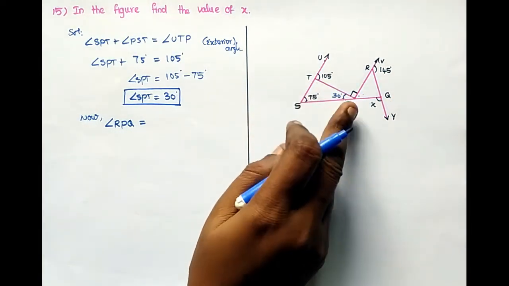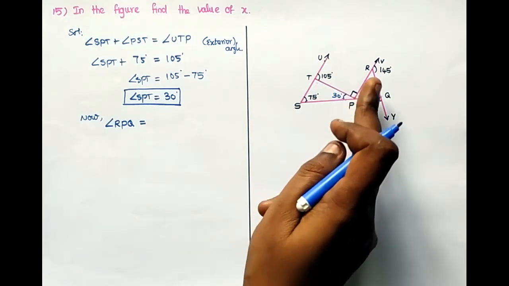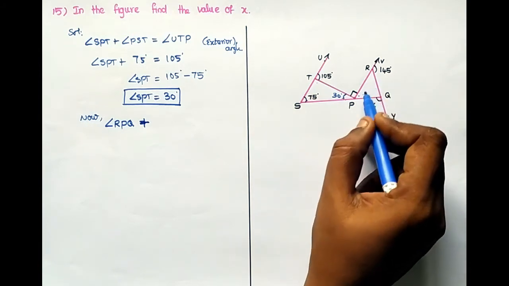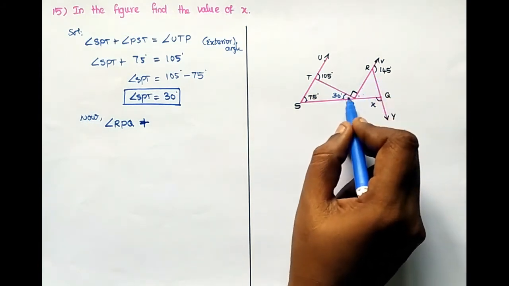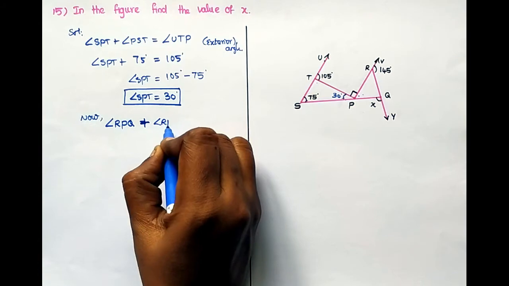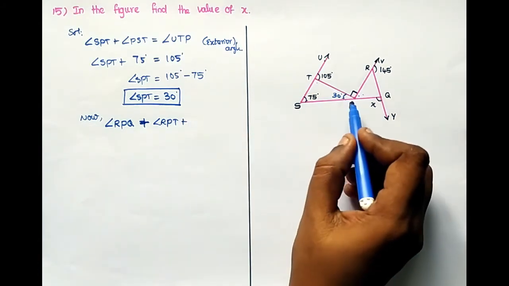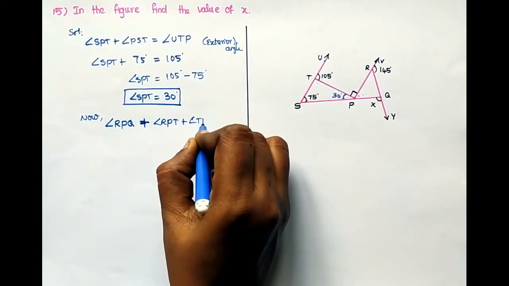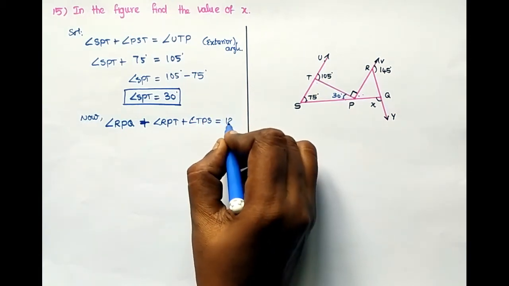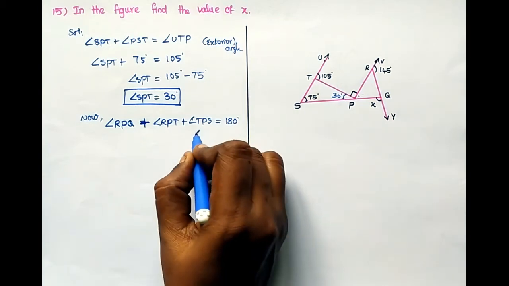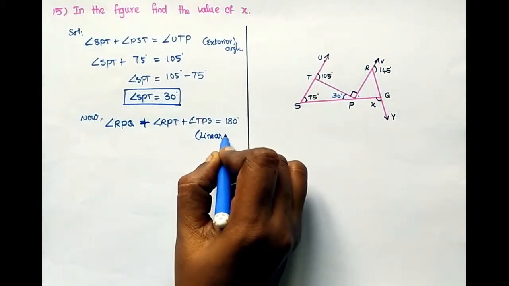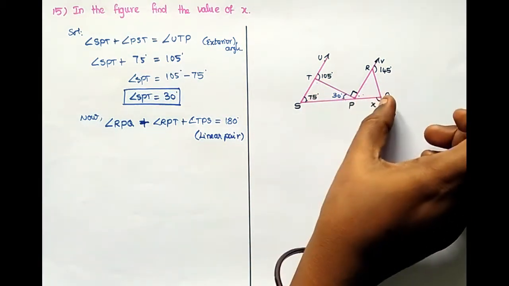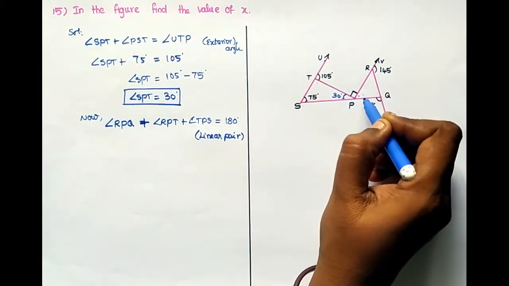So RPQ plus RPT plus TPS equal to 180 degrees. Reason, linear pair. Listen, this is 180 degrees. So these three angles make this 180 degrees.